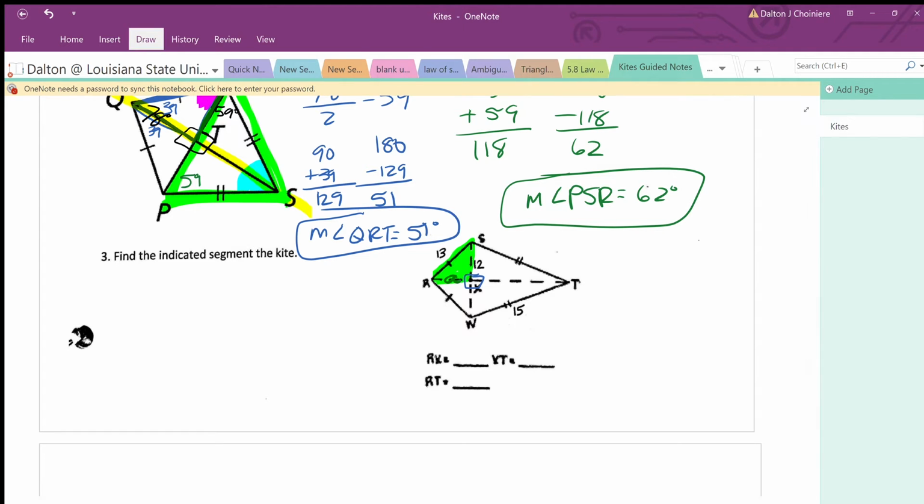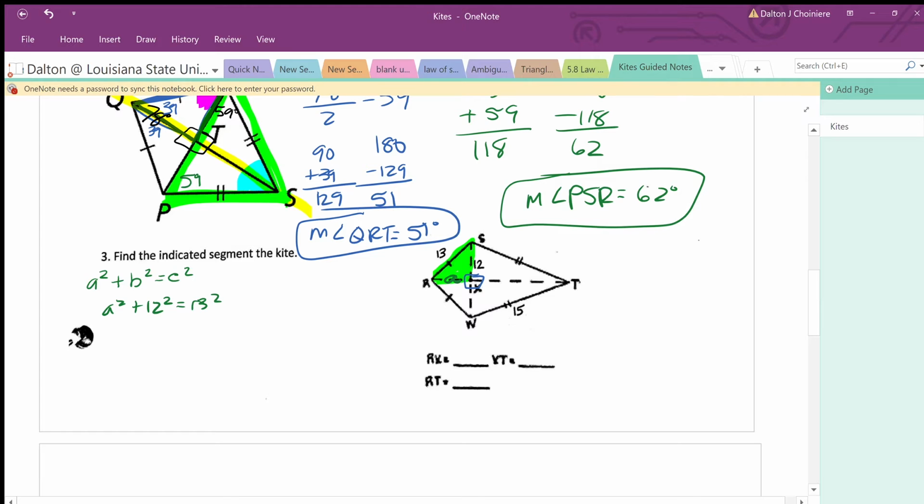And I'm hoping maybe somebody came up with the Pythagorean theorem when I just asked that. A squared plus B squared equals C squared. So if I plug in my numbers in that green triangle, then I get A squared plus 12 squared equals 13 squared.